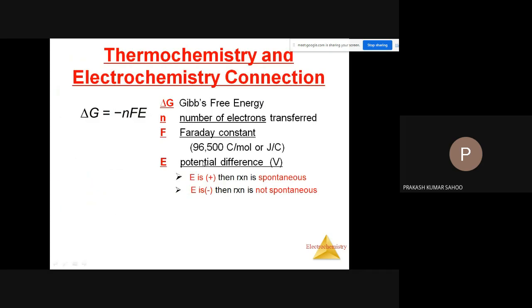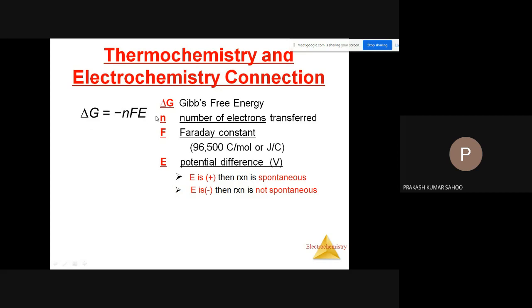Then we have some relation between free energy, that is in thermodynamics, with electrochemistry. The relation is del G, the change in free energy, equals minus NFE, where N is the number of electrons transferred, F is the Faraday, and E is the electromotive force or potential difference, EMF.